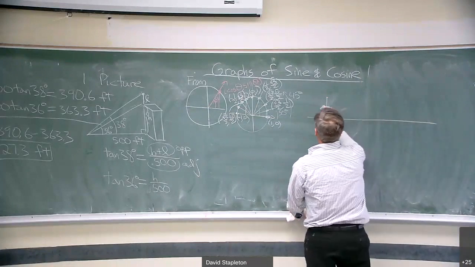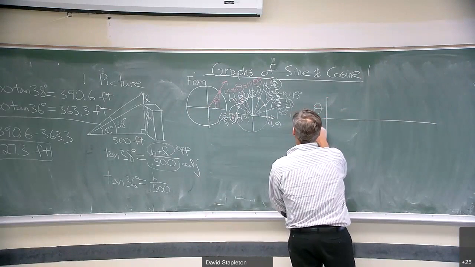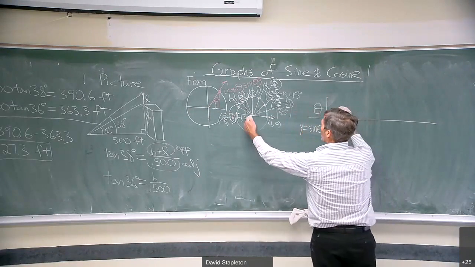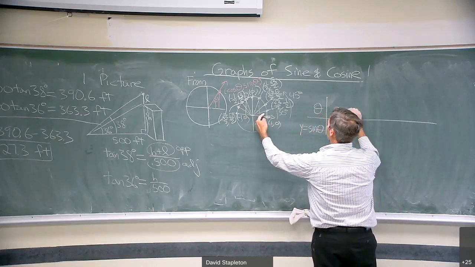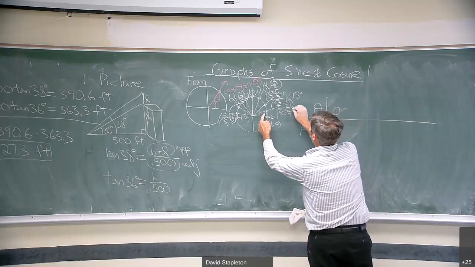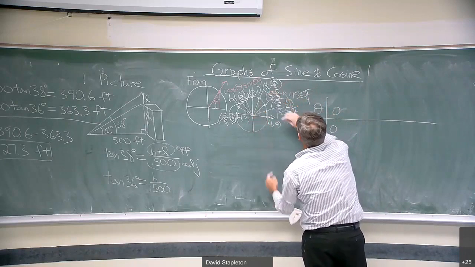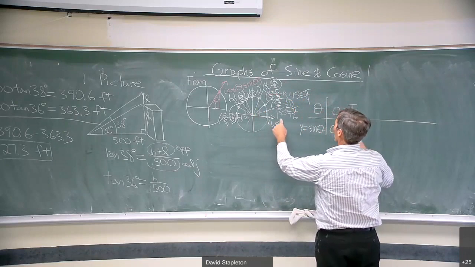Now you can make a table of theta versus y equals sine theta. Right? Y coordinate is sine of theta. When theta is 0, the y coordinate is 0. But when theta is 30 degrees, let's call that pi over 6 and use radians, and call this one pi over 4, and this one pi over 3, and so on. That's just the way people usually graph them.